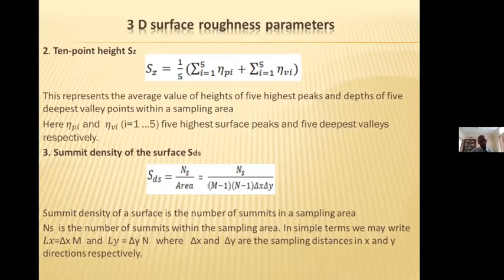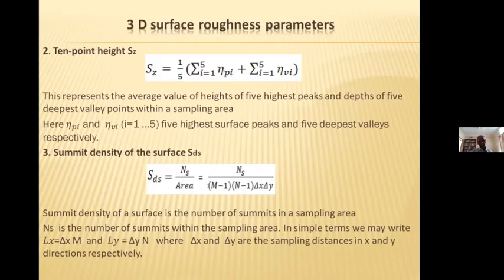So eta pi and eta vi are simply the height of the ith peak, and eta vi is the height of the ith valley.